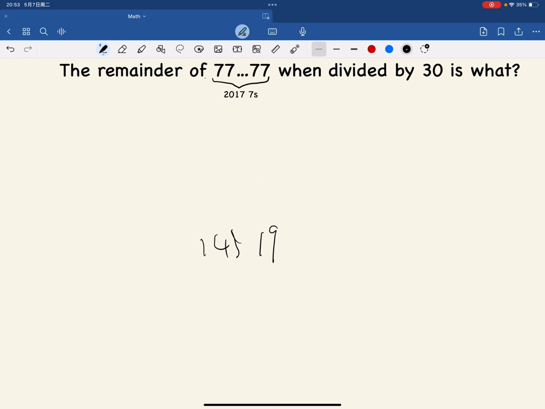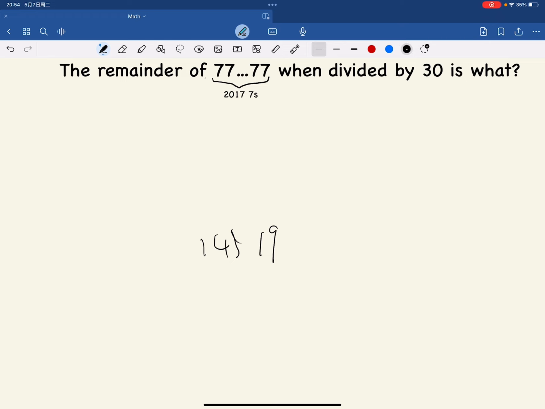With this answer, we can find if it's divisible by 3 or not. So this would be 1 plus 4 plus 1 plus 1 plus 9, and that would make a total of 16. And 16 is not divisible by 3.